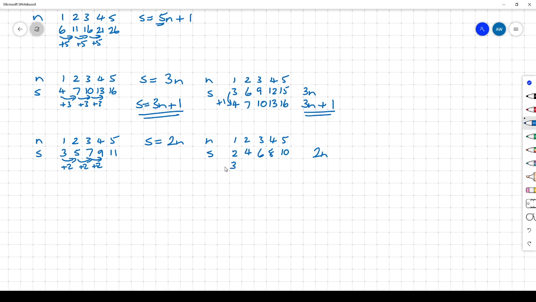If we write down the sequence we want underneath, 3, 5, 7, 9, 11, what is the difference from our sequence to the one we want? Oh, it's plus 1 again. 2 plus 1 is 3, 4 plus 1 is 5, 6 plus 1 is 7, 8 plus 1 is 9, 10 plus 1 is 11. So if we add 1 to 2n, we get our sequence. So our formula for this sequence is s equals 2n plus 1.